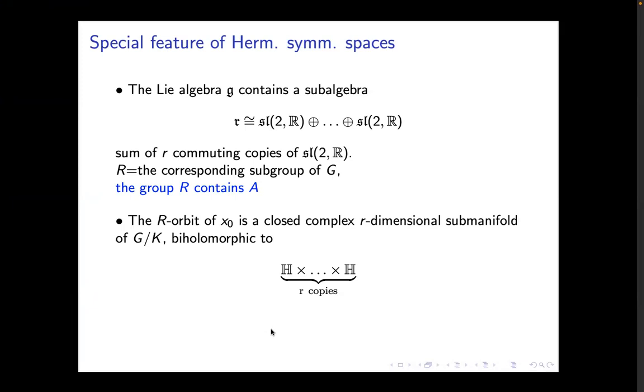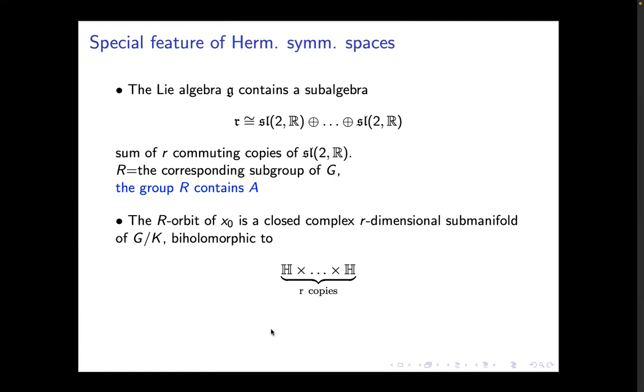This subgroup contains A, and one has that the orbit of the base point under this group, which is roughly a product of R copies of SL2R, pairwise commuting, is a closed R-dimensional complex submanifold of the symmetric space, which is biholomorphic to R copies of the upper half plane.